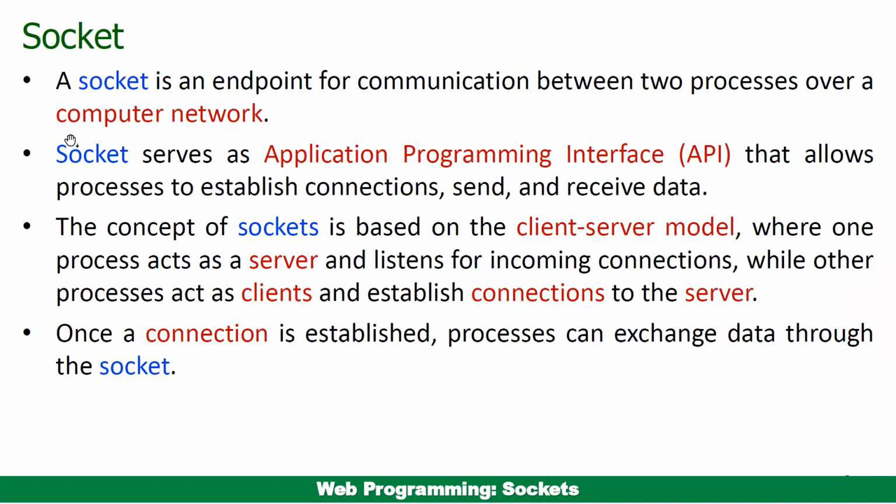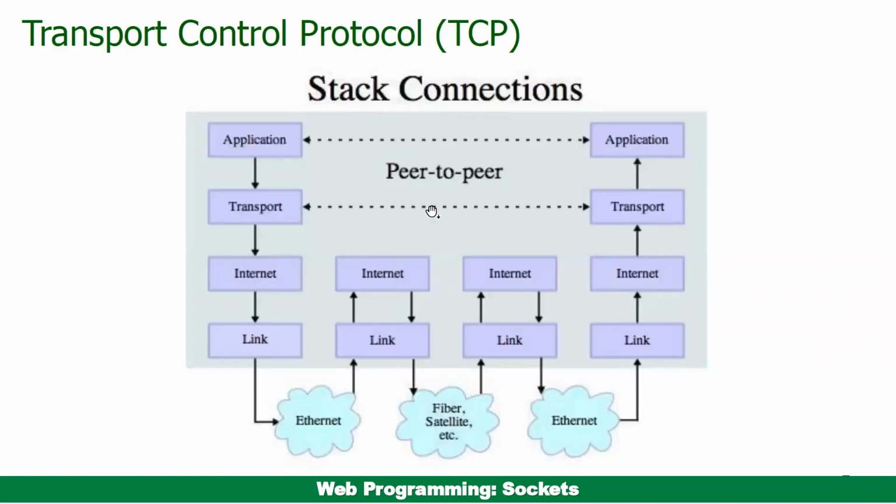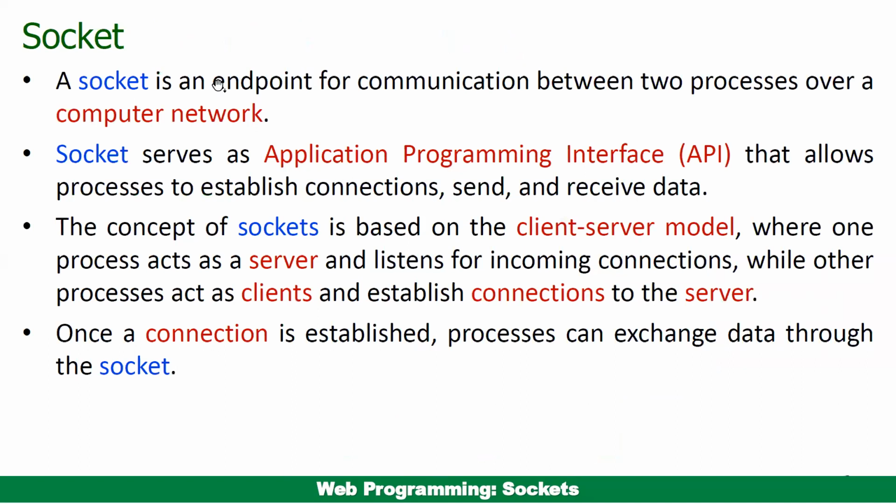Then coming to socket. Now, by seeing this establishment, what is a socket actually? End-to-end connection. A socket is an endpoint for communication between two processes over a computer network. A socket serves as an API, application programming interface, which allows processes to establish connections and send and receive data.